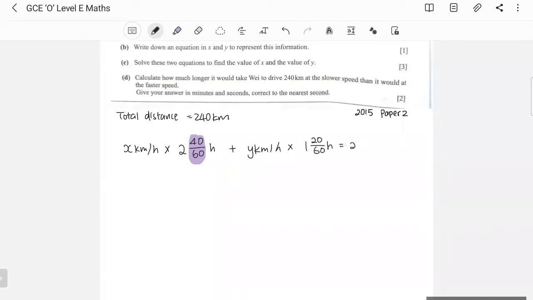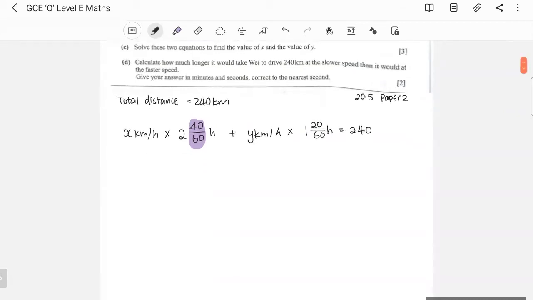This gives me 240. After multiplication and converting the fractions, we will eventually have 8x over 3 plus 4y over 3 equals 240.